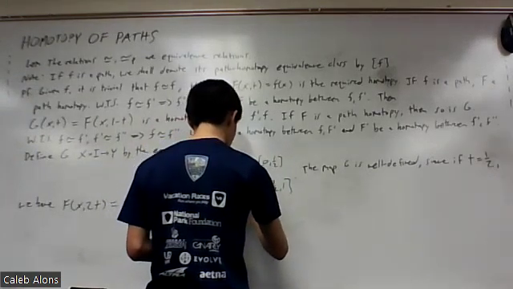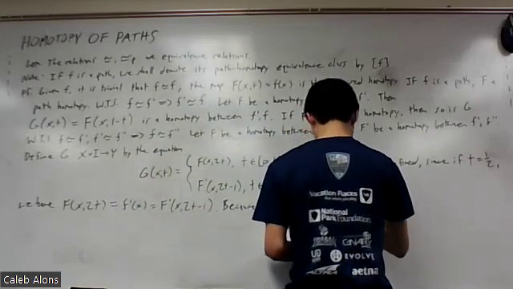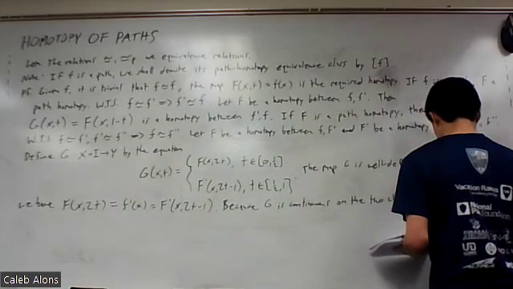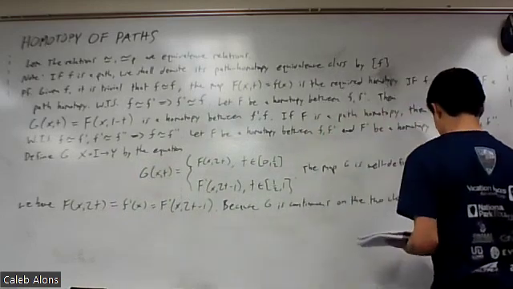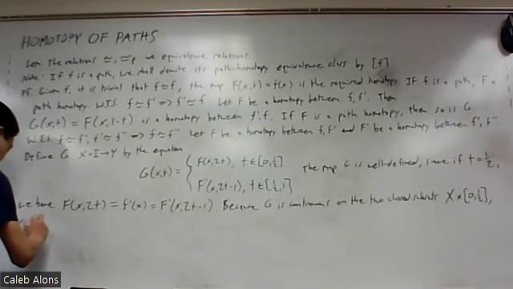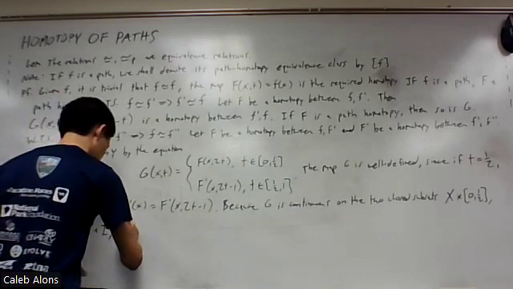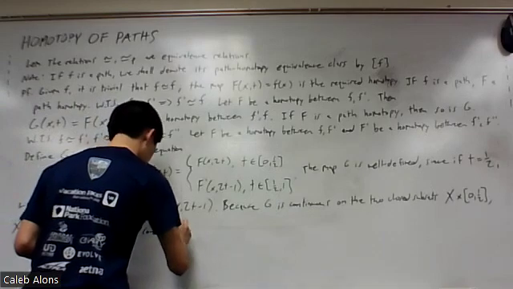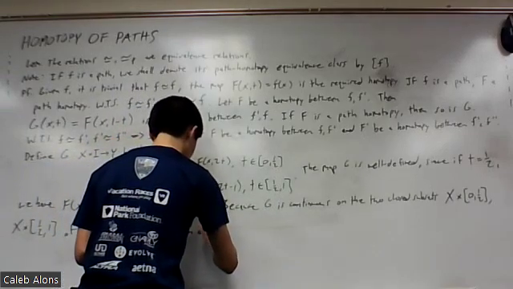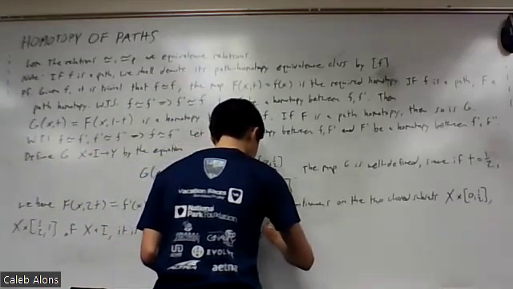And then G is continuous on the two closed subsets, x cross the first piece and then the second piece, 1/2 to 1, of the overall X cross I. It is continuous on all X and I by the pasting lemma.